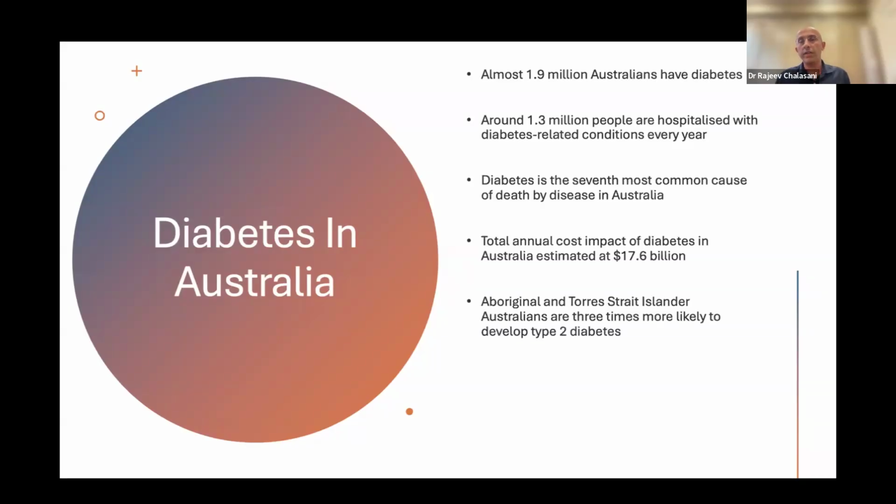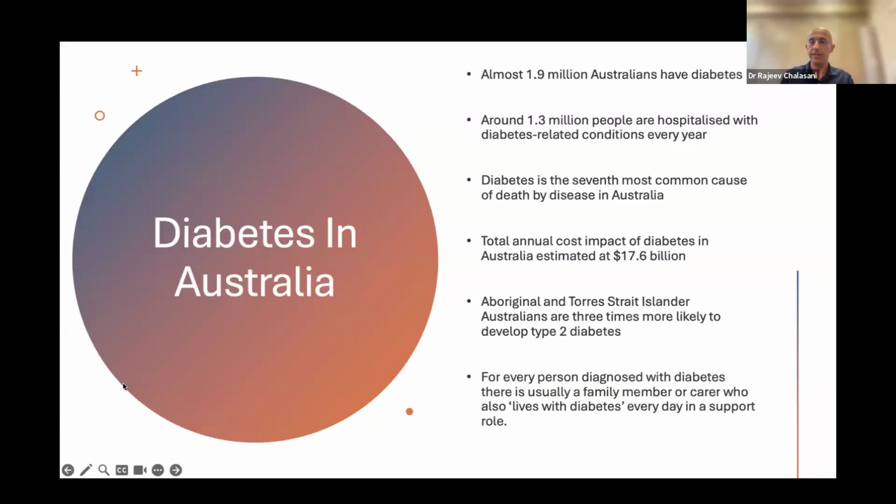And of course, as we know, Indigenous Australians are much more likely to be impacted by diabetes and diabetic complications. And of course, we mustn't forget that for every person diagnosed with diabetes, there is a family member or family members and carers who also are significantly impacted in their role as support people.